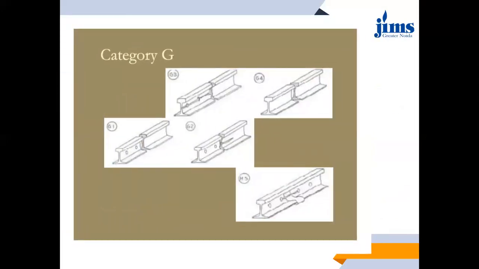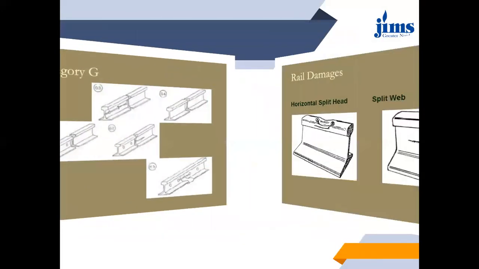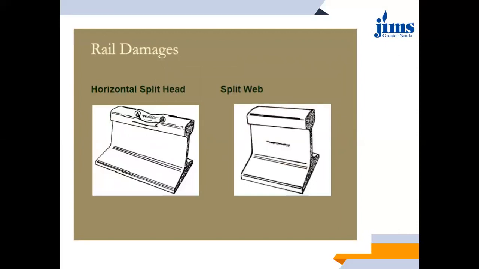G category rail failures denote complete disintegration of the rail portion. So instead of partially broken rails, we will have completely broken rails, broken into two or more than two parts.